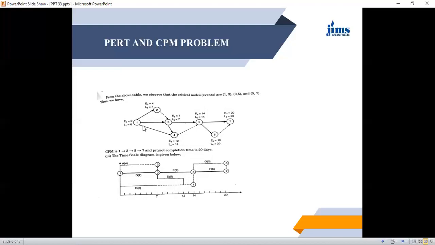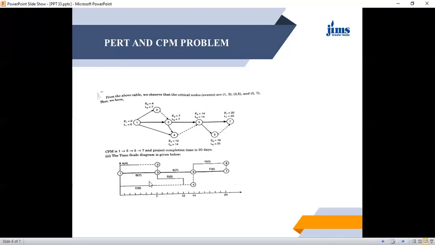CPM is the longest route. So this is 1, 3, 5, and 7, which is equal to 20 days. In the time scale diagram, 1, 3, 5, and 7 is 20 days, and other activities are shown here. So on a time scale, if you draw, this 20 days is here. Each activity we can give a time scale of, this is 7 days, this is 12 days, this is 14 days, this is 20 days.